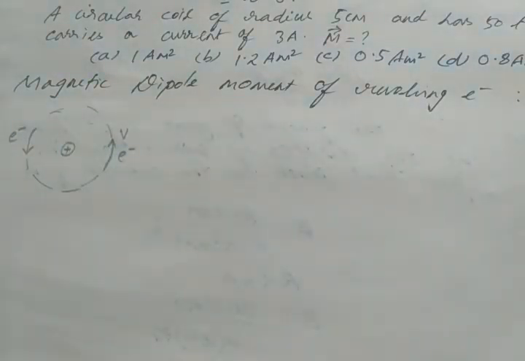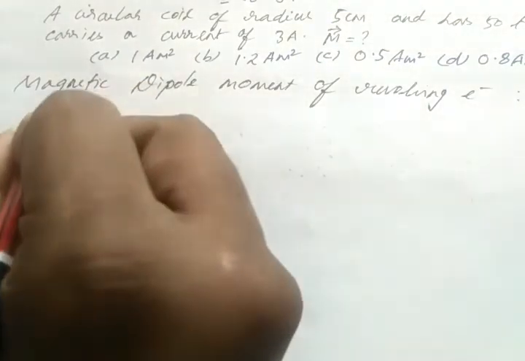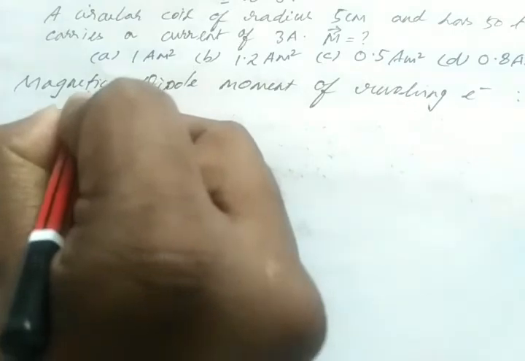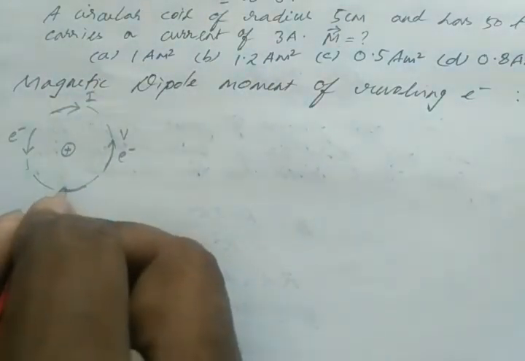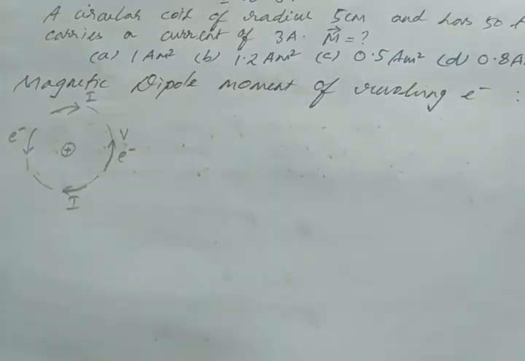So what will be the direction of current? Direction of current is always opposite to the direction of motion of the electron. So if the electron is moving in the anti-clockwise direction, then the direction of current will be clockwise, right? So current is flowing like this, clockwise direction. Clear?